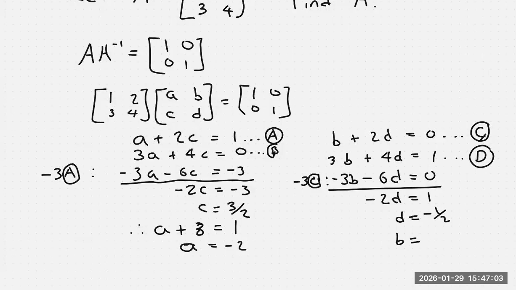B equals 2. Just to give you a hint, remember, you have to carry it over. Maybe carry it over. -1. Yeah, that's it. So B equals 1.